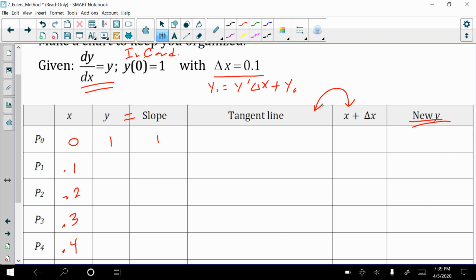But anyway, x plus delta x, starting it off, is just our initial value plus delta x, 0.1. Our initial x value is 0, and 0 plus 0.1 is just going to be 0.1. So that's really all I'm looking at here for my x value.